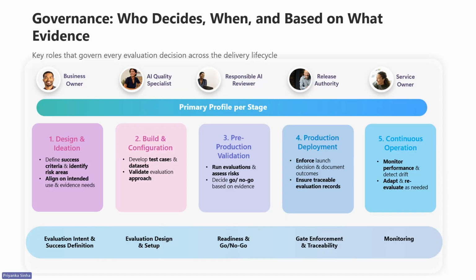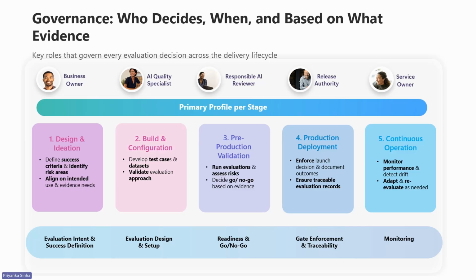Now here, if you see, we are talking about key governance roles who are responsible for evaluation decision across the agent delivery lifecycle. If you see here, each role from business owner to solution architect to manager carries distinct accountability for evidence-based sign-off at every stage. Unlike traditional implementation where roles are engaged only at specific milestone, agent governance requires continuous involvement because agent quality can drift post-deployment.